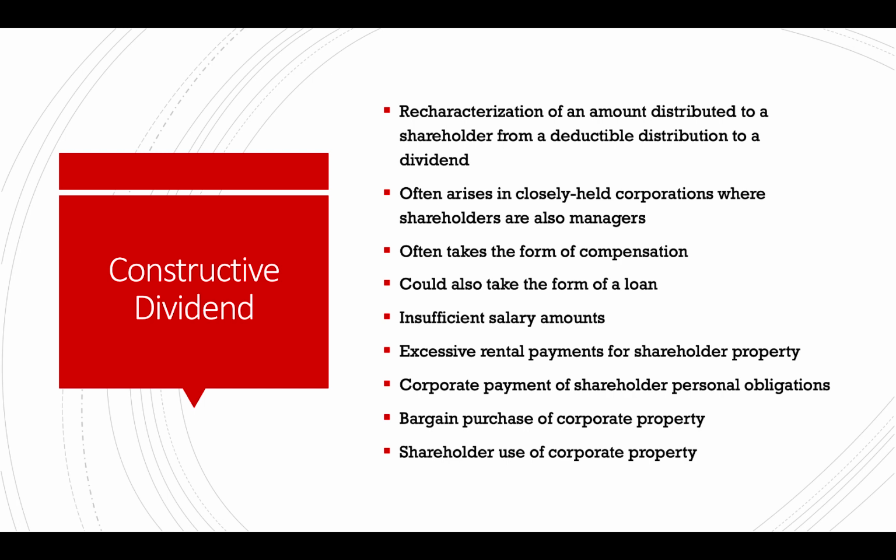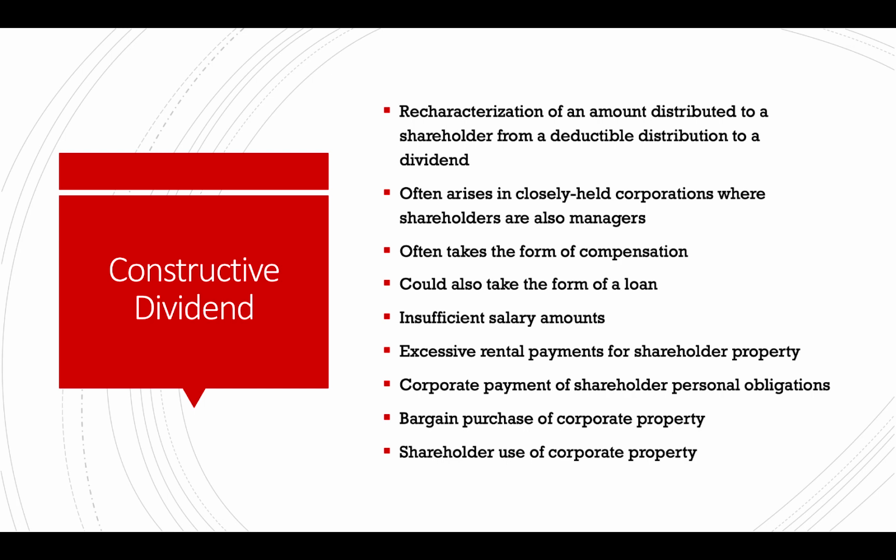This is going to happen when all the shareholders know each other and they also run the business. One of the most common ways to do this involves compensation, like I said. Rather than paying a person $100,000 of compensation and a $400,000 dividend, they just say, I paid you $500,000 of compensation. Then they get to take the deduction of $500,000.